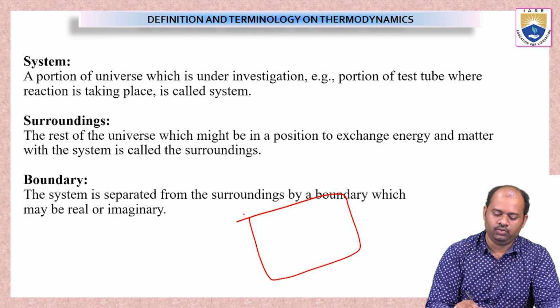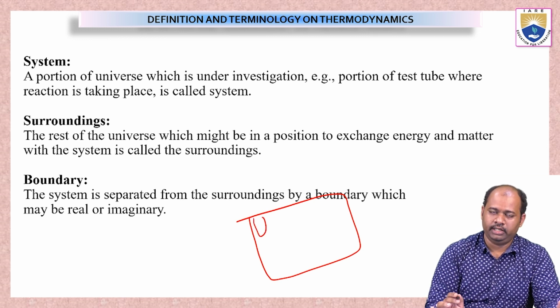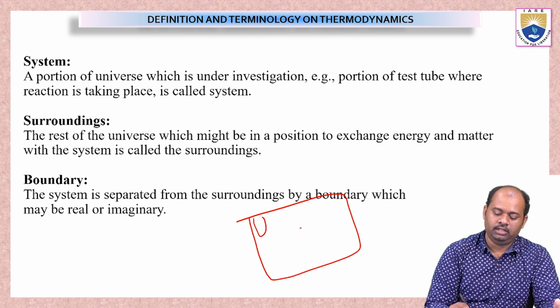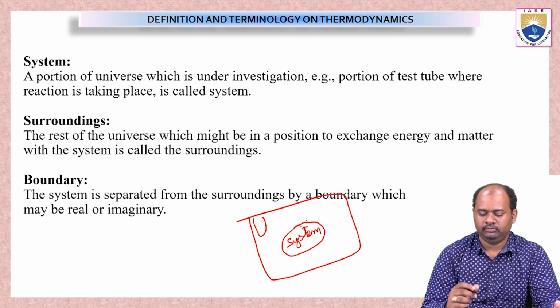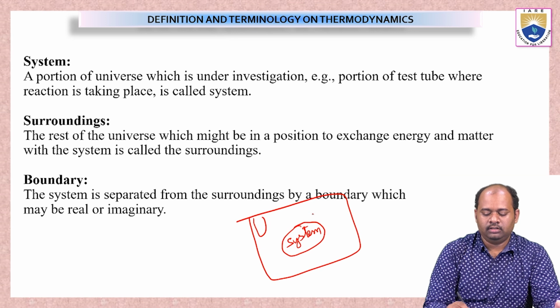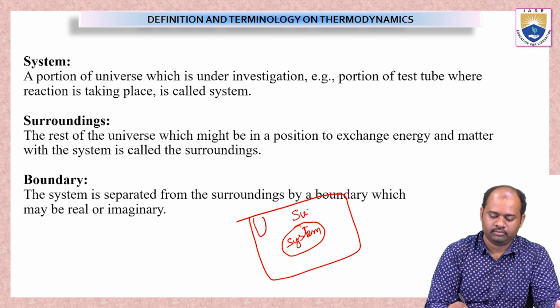Now I will draw a diagram. This is a universe where the entire universe is taken into consideration, and in the universe I have a system. This is a system which is of my key interest for the thermodynamic study. Now, in the universe, the area apart from the system is called surroundings. This is surrounding.